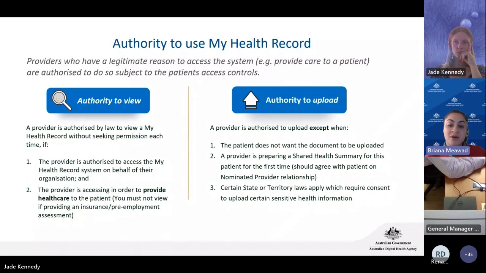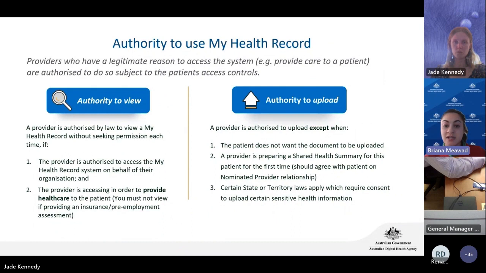However, if a patient does not say that, they don't come out and say, hey, please don't upload this, then this goes back to the clinical discretion of the provider. So if the provider is uploading a document, for example, that they think may have sensitive information, it might be best practice for that clinician to have the conversation with the patient and give the patient the option. Again, this is not part of the requirements for using the system, but we do say it is best practice.